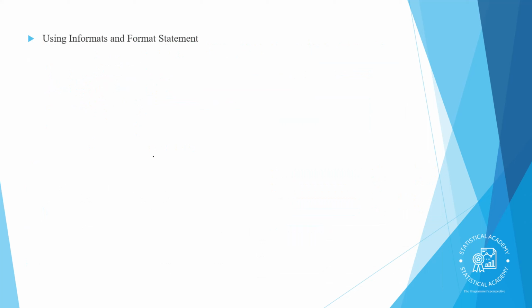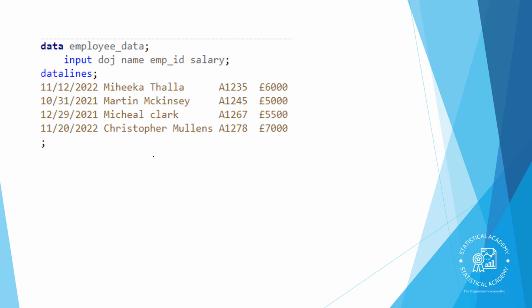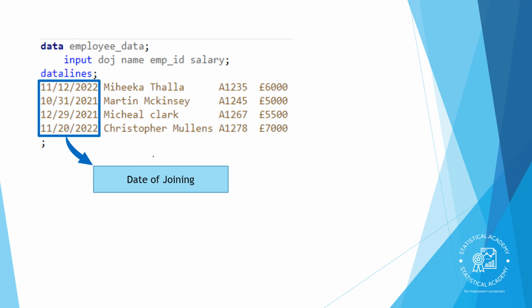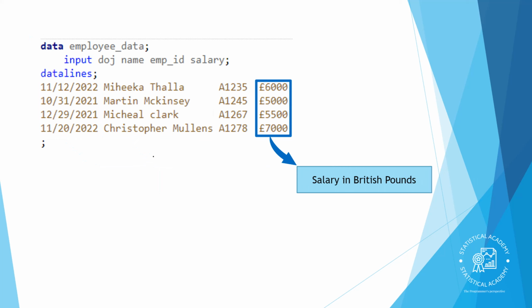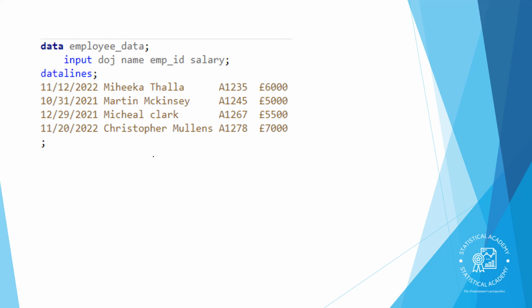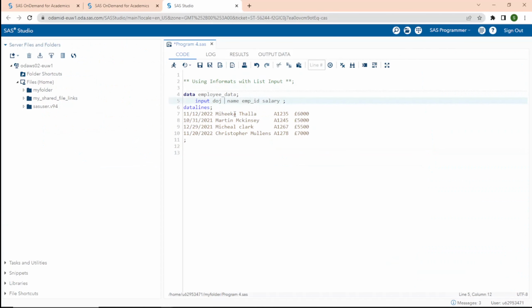I'm going to place the data lines in the program with the datalines statement using the list input method. This is the employee data. Data values are date of joining, name, employee ID, salary in British pounds. Now we need to supply INFORMATs to tell SAS how to read a data value. As date of joining is in MMDDYYYY format, we need to supply the MMDDYY10. informat.